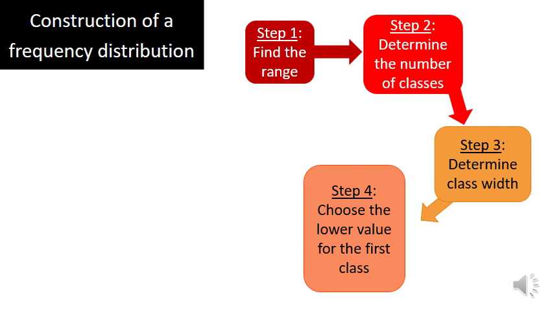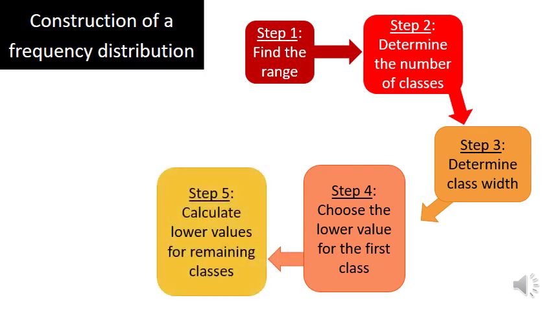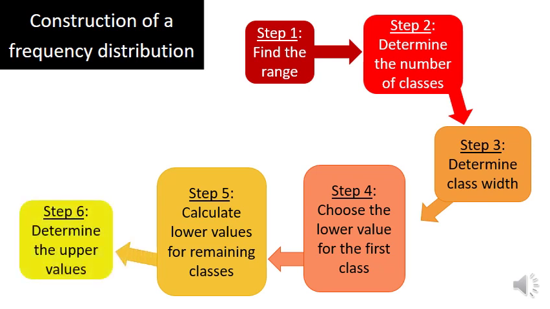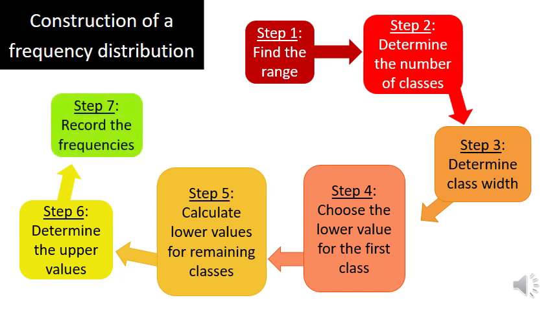After finding the lower value for the very first class, we calculate the values for the remaining classes. Only after finding all those lower limits do we determine the upper limits for the classes. And then once we've found the classes, we can record the frequency. So we can tally, look at the data set and find how many of the data points lie in each class.